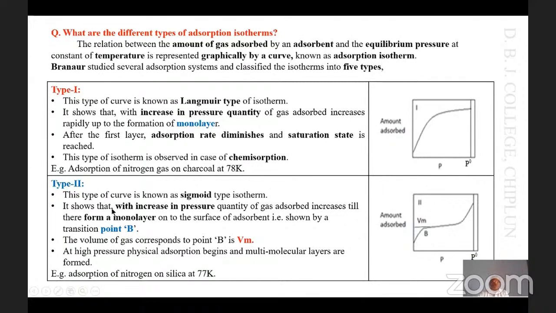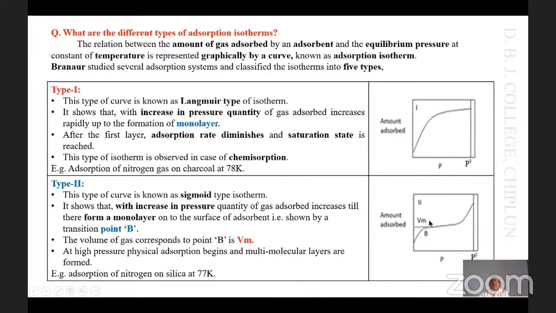It shows that with increase in pressure, the quantity of gas adsorbed increases till there forms a monolayer onto the surface of the adsorbent, that is shown by the transition point B. The volume of gas corresponding to point B is Vm.